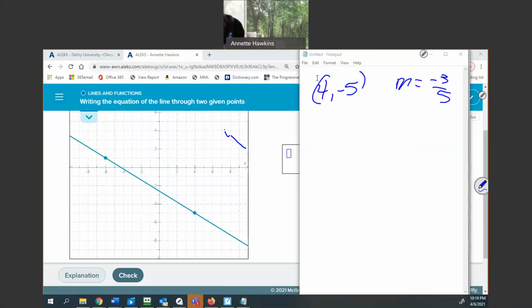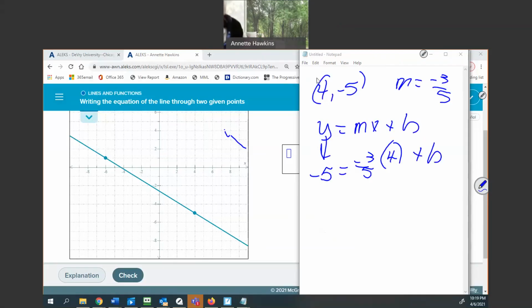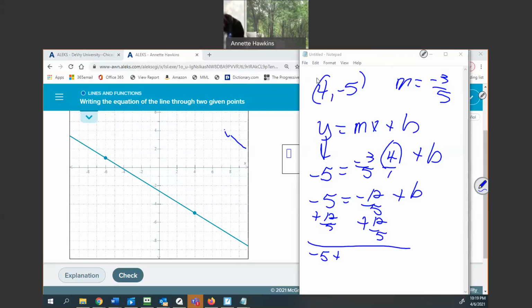All right, y equals mx plus b. y is -5, m is -3/5, x is 4, and we don't know b. -5, put a 1 here, is -12/5 plus b. Okay, I'm going to add 12/5 to both sides. -5 plus 12/5 equals b.